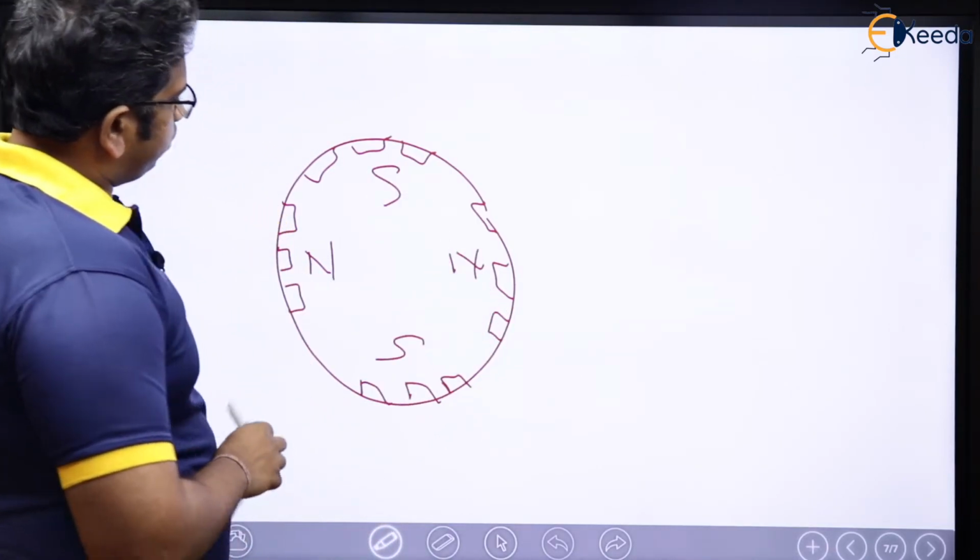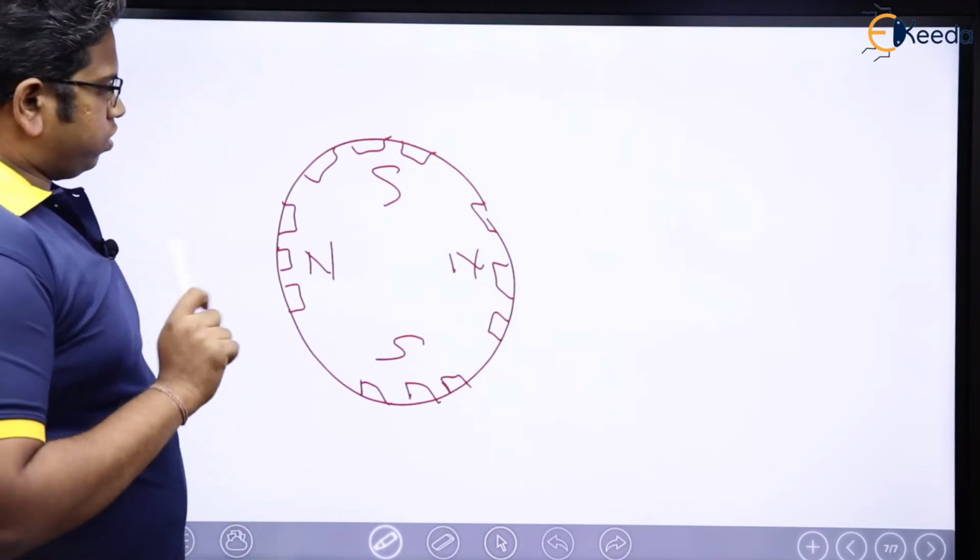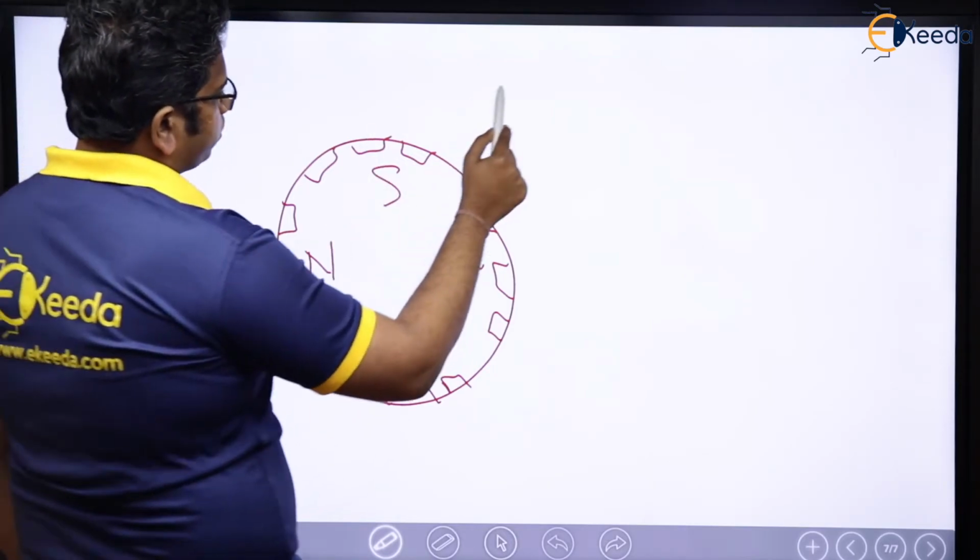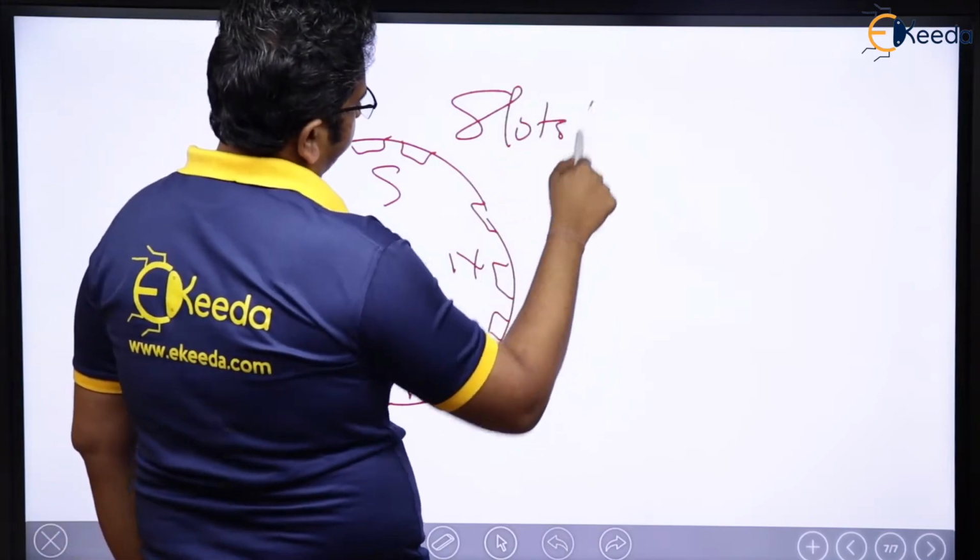So now, see here, at one time we say that slots per pole has to be increased.